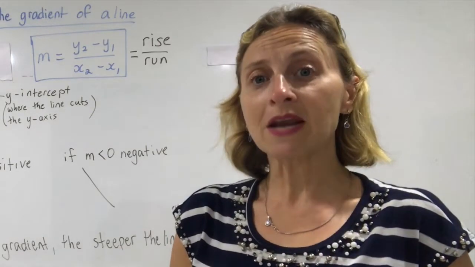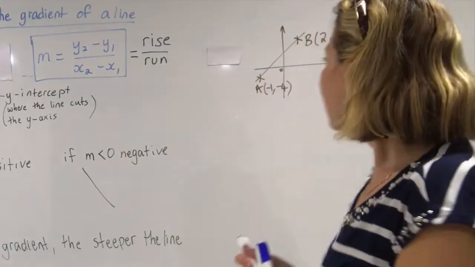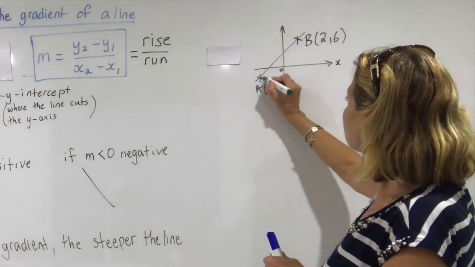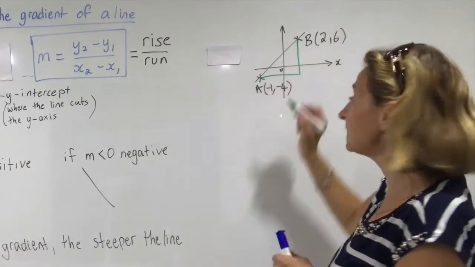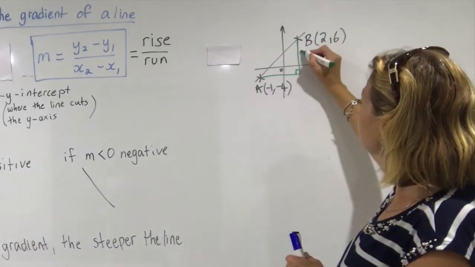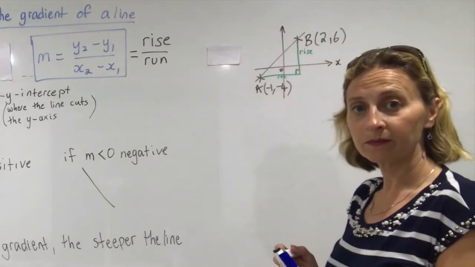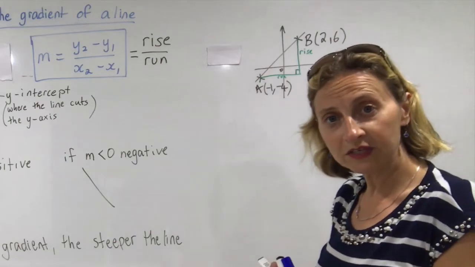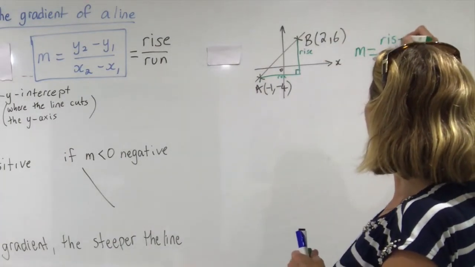Now we should know the gradient is rise over run. Most of you would already know that. And for rise over run, we can draw a horizontal and vertical line just like what we did with the distance formula. This is the rise and this is the run. We need to find those distances and then the gradient will be the rise over the run.